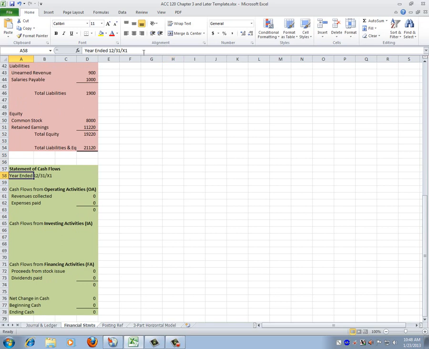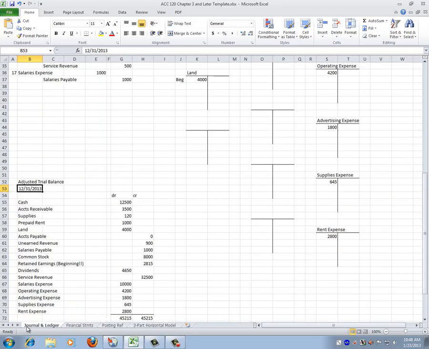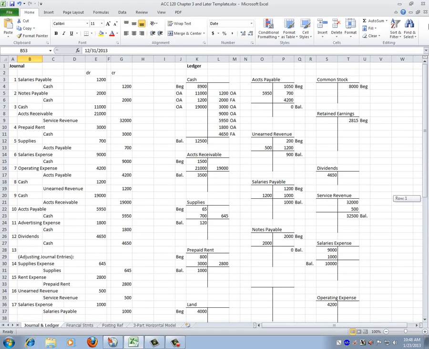Lastly, our statement of cash flows for the year. And that was the reason I coded each of those cash flows as they changed the cash account in the ledger. Most of ours are operating. We have operating inflows of, if you total these inflows.